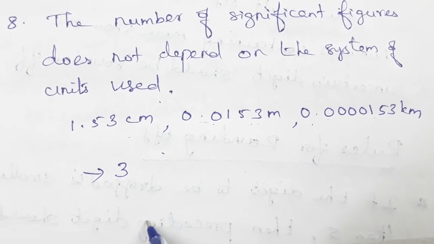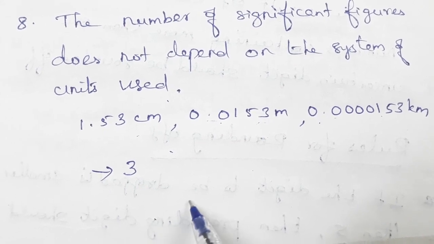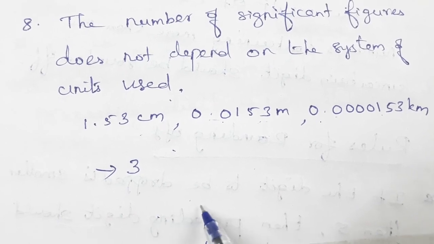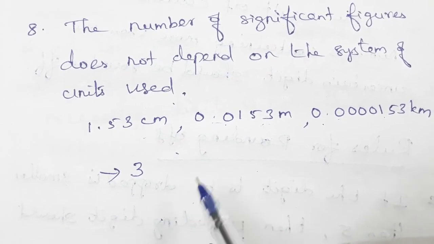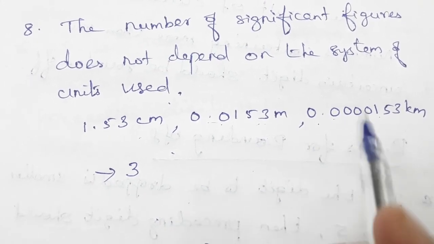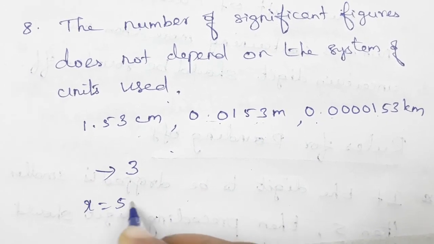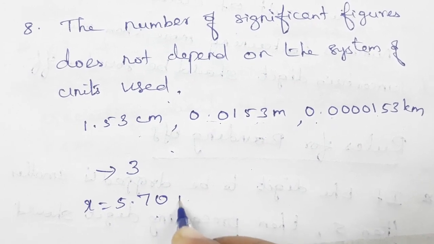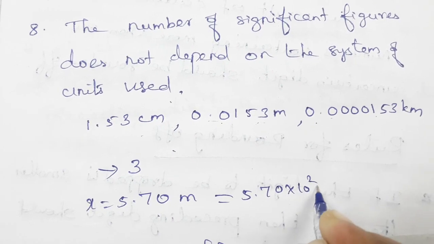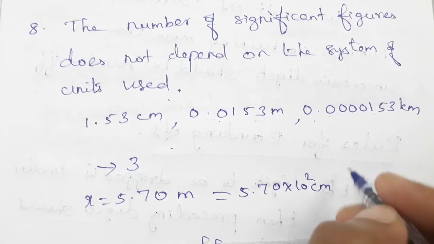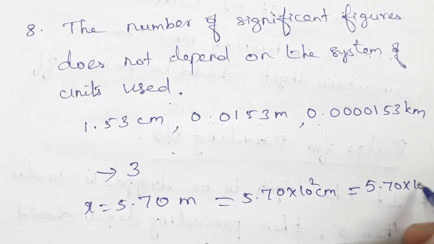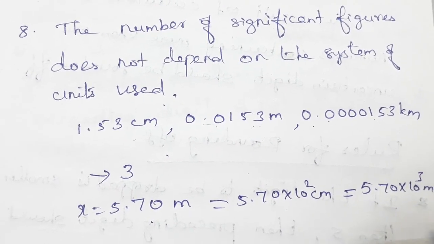Also, the power of 10 is irrelevant to the determination of significant figures. For example, x is equal to 5.70 meter can be written as 5.70 into 10 power 2 centimeter, or else can be written as 5.70 into 10 power 3 millimeters.